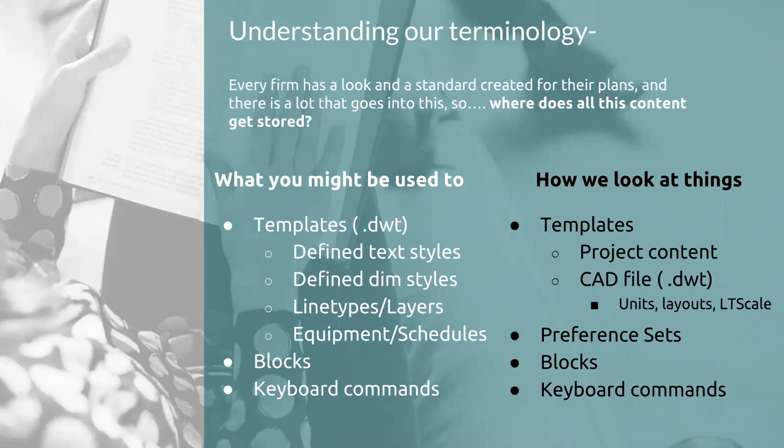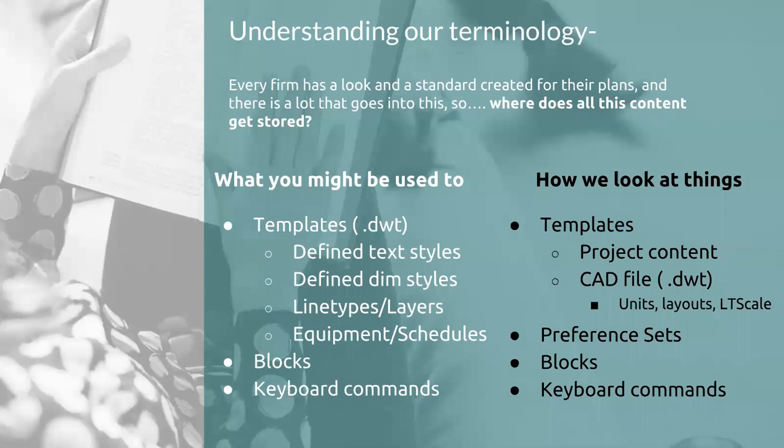Where we might want to define those text styles, have our dim styles, our line types, even our equipment and schedules built out. We might even bundle the blocks right into that template as well, that we're just pulling from, copying and pasting, or inserting.